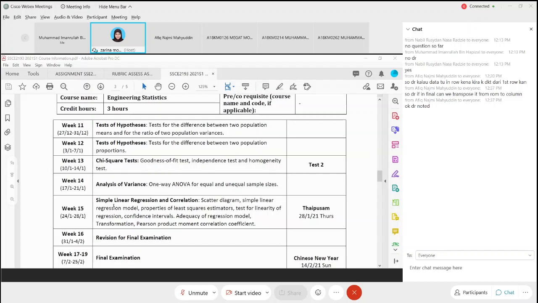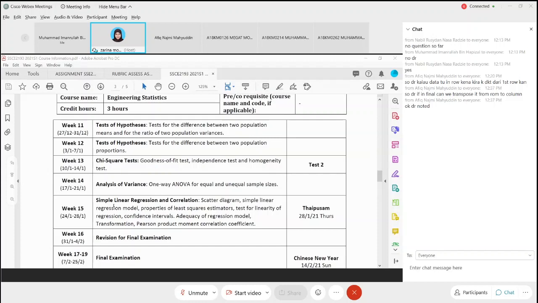You model y as a function of x. Y depends on x. Simple linear regression of y on x. So you have to be very clear which one is dependent, which one is independent, which one is response, which one is predictor variable.